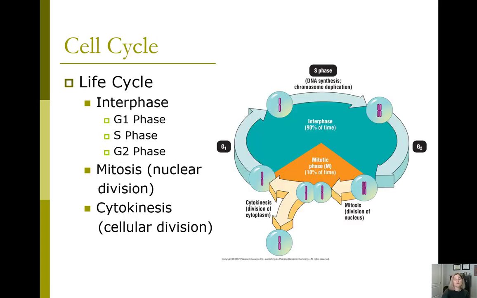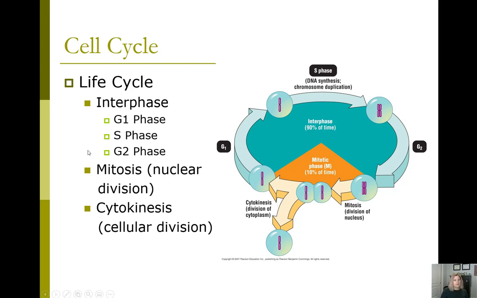But let's get into something called the cell cycle. So the cell cycle is something that all cells will go through when they are going to undergo cell division. So this actually doesn't matter if it's mitosis or meiosis that we're talking about. They all go through this life cycle, each one of our cells in our body. So we're going to go through the different stages.